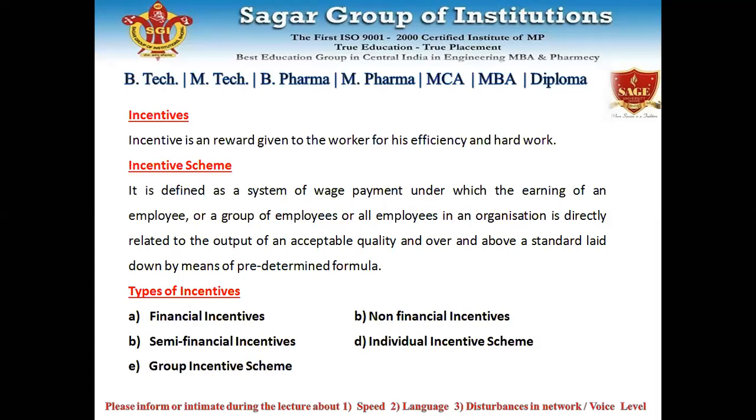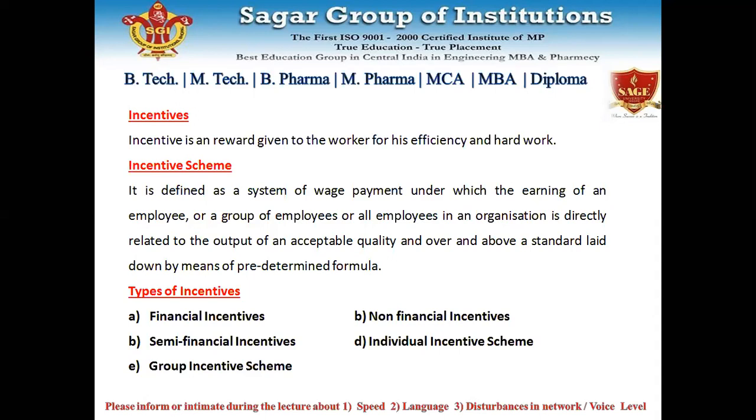Many authors like Taylor and Merrick have given many piece rate systems, single piece rate, multi-piece rate system, through which we can give monetary benefits if somebody is doing good, better, or excellent performance.